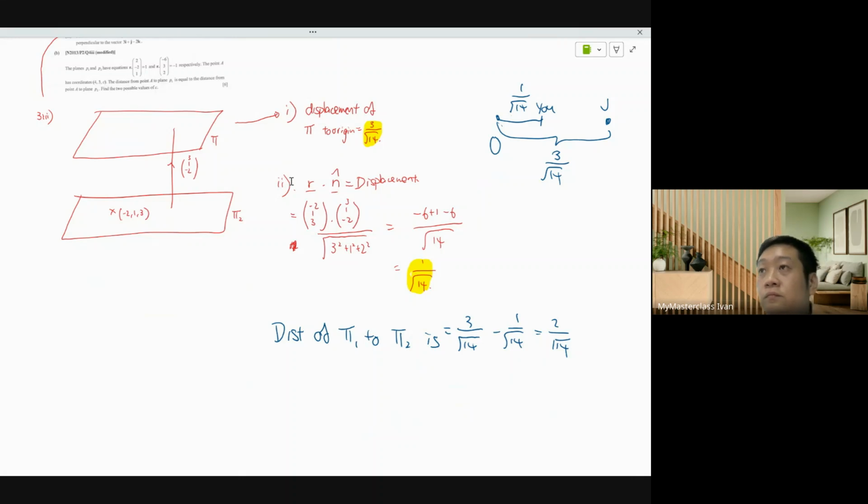One way is you can get y as the subject, and you just find the gradient of y.